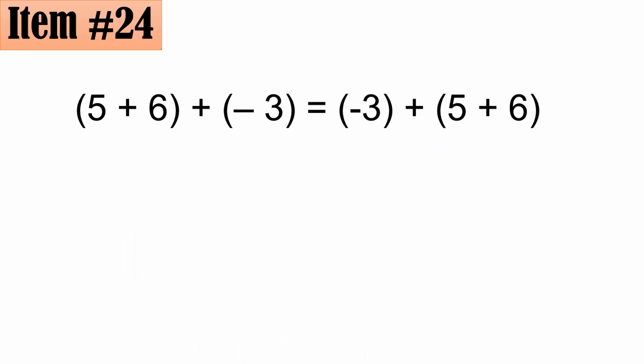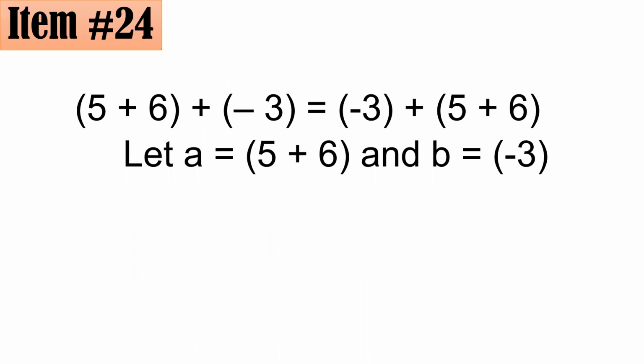So in this problem, if we let A to be equal to 5 plus 6, and we let B equals -3, and by substitution, ito ay magiging, ito ay papalitan ng A, lahat ng 5 plus 6 ay papalitan ng A, lahat ng -3 ay papalitan po natin ng B. And you will get A plus B equals B plus A.